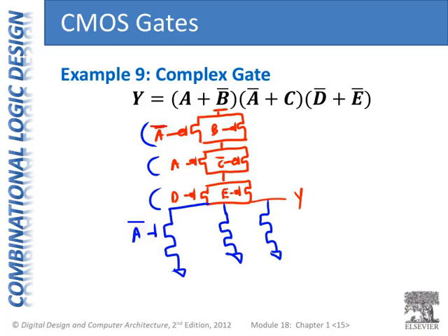We'll get A bar, B. Remember, the inputs into the pull-up part of the network will be the same as the inputs into the pull-down part of the network. Second one, we're going to get A.